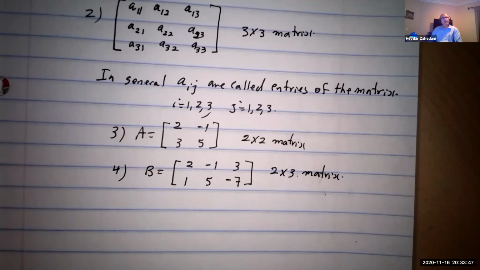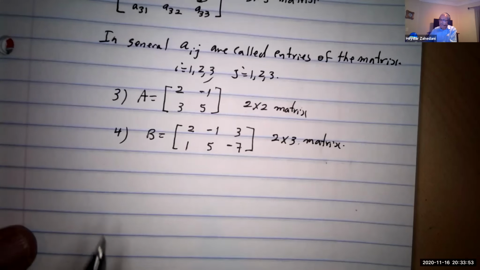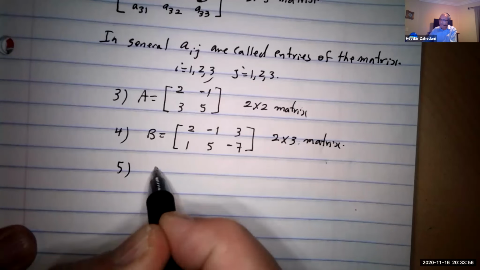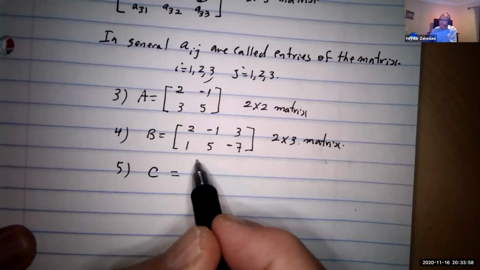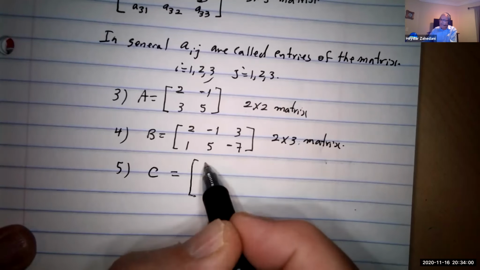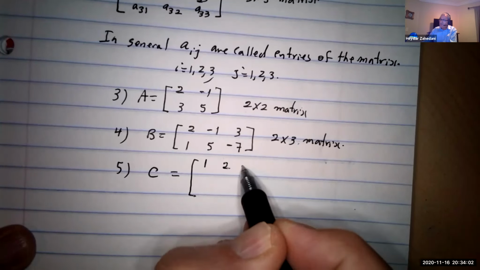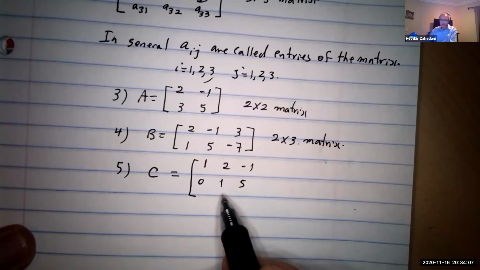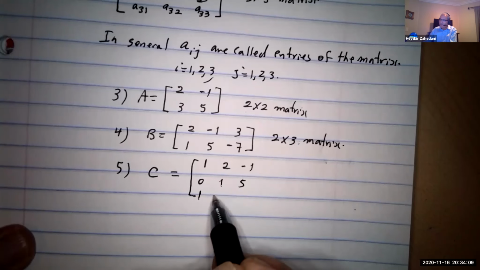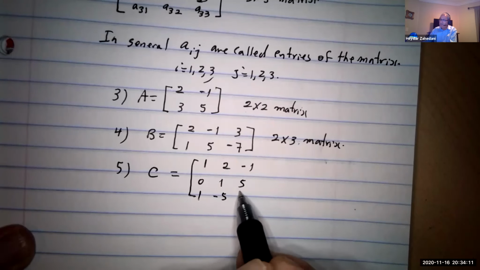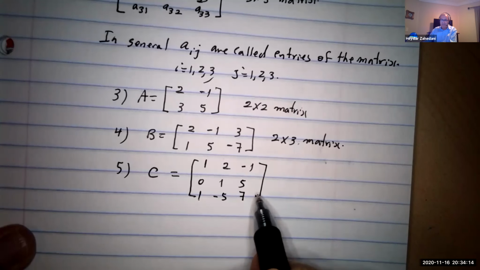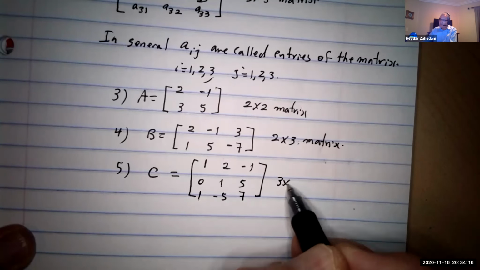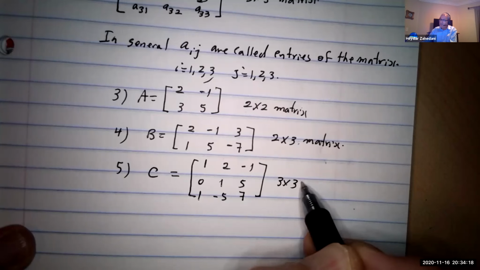If the rows and columns are the same, we say it's a square matrix, like this one: 1, 2, -1, 0, 1, 5, and 1, -5, and 7. So this is a 3 by 3 matrix.